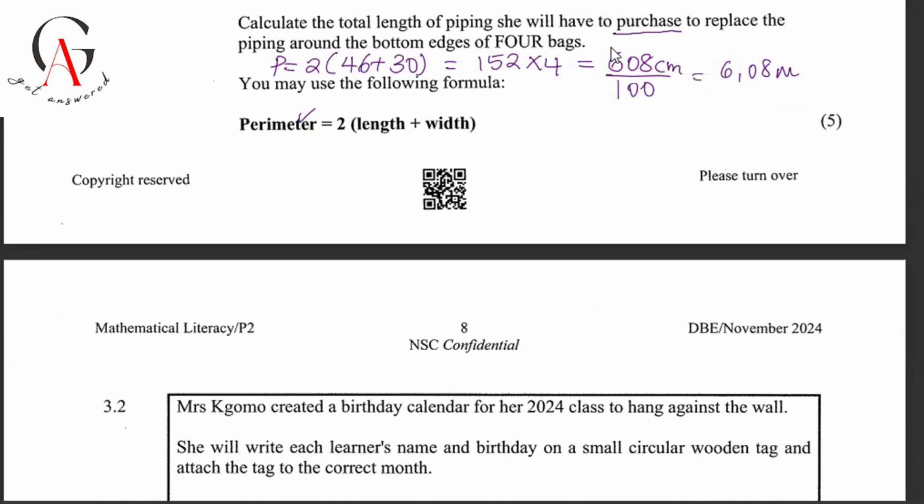So when you go to the shop, they sell in half meters, 0.5 meters. You buy one. All right. So how many of these shall we need if we have 6,08? How many half meters shall we need?